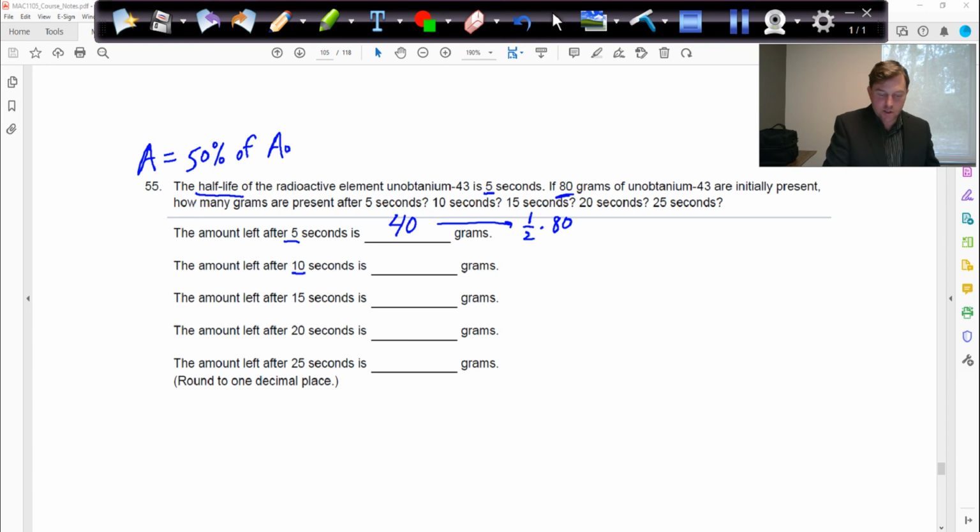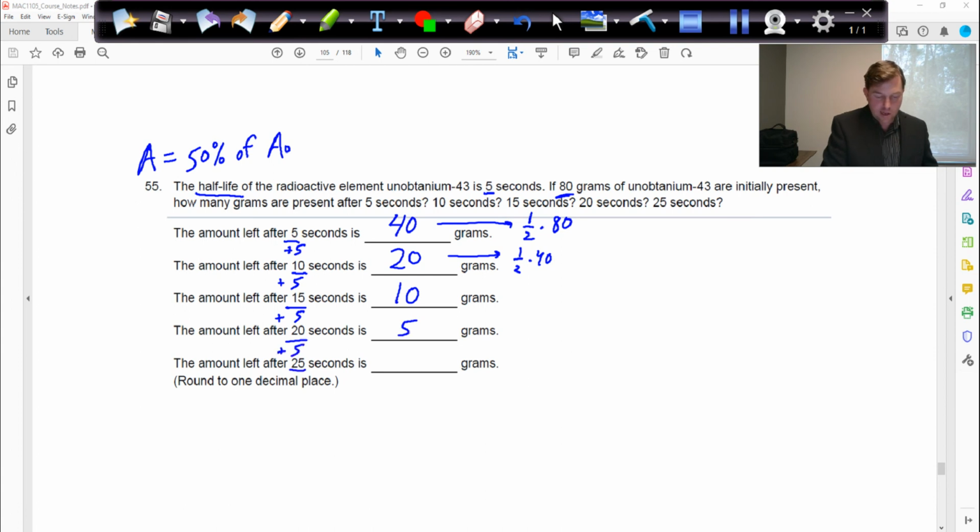After 10 seconds, so as long as these numbers increment by 5, which is the half-life time, I'm going to get half of the previous result. So this number is going to be half of 40, so I'll get 20 grams left. Then incremented by 5 again, from 10 to 15, half of 20 is 10. Then it increments by 5 seconds again, so half of 10 is 5 grams.